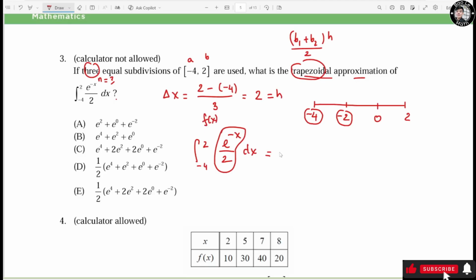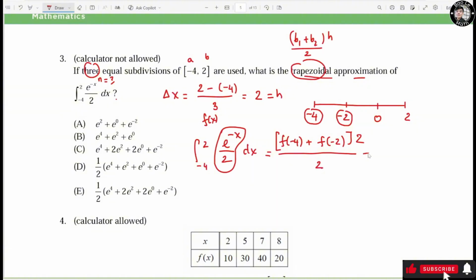So it's going to be base 1 -4, which means f of -4 plus f of -2 times the height. The height is that s right here, which is going to be 2, divided by 2.